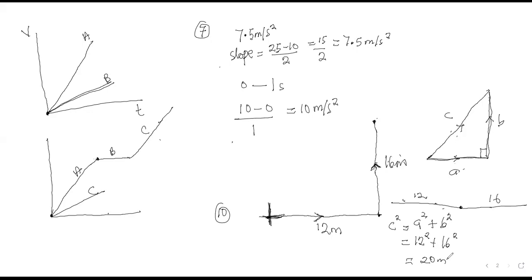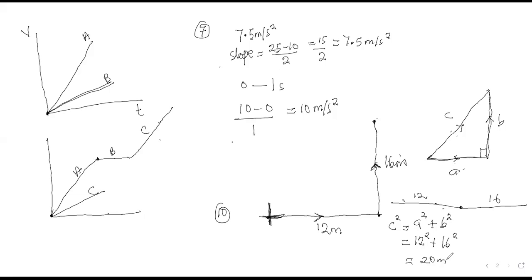Sir, please, could you explain the number 8 again? The number 7, sorry. Number 7. Yes, please. During which interval is the object's acceleration the greatest? Okay, when you look at the graph, from 0 to 1, the object is uniformly accelerated.